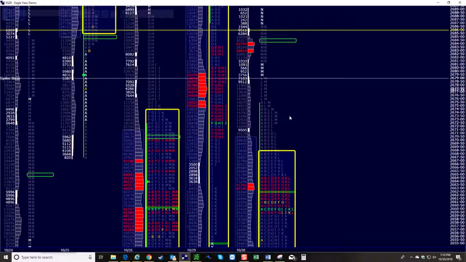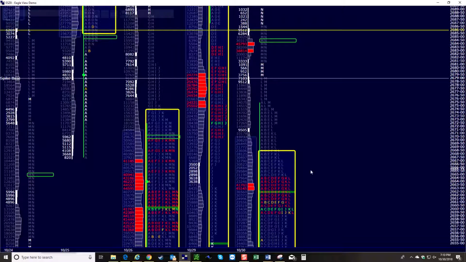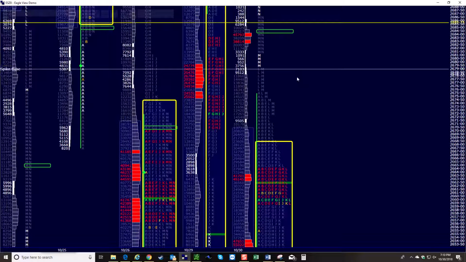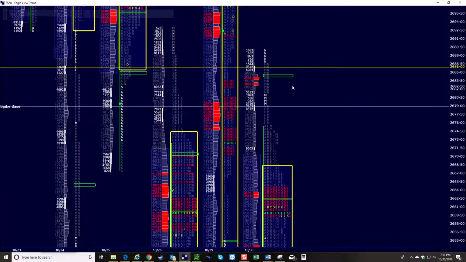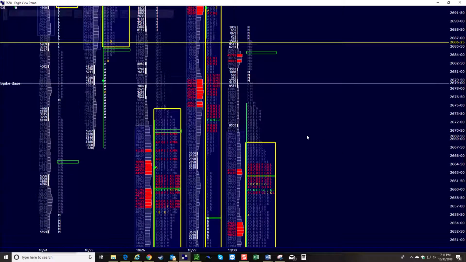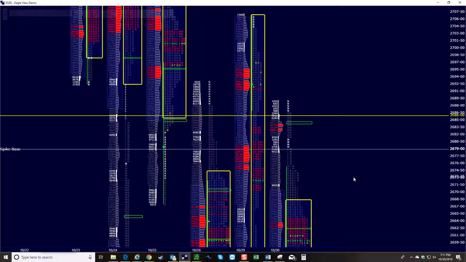If we open below the spike, now again, I'm just talking about the opening, that's initially negative because prices weren't accepted at the onset of the market at this price probe higher. So that's something you want to pay attention to when the market opens. However, during the day, you want to see where value develops in relation to this spike base. That's the most important thing you want to pay attention to.